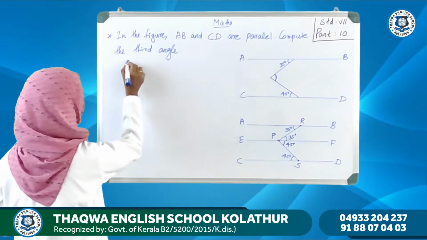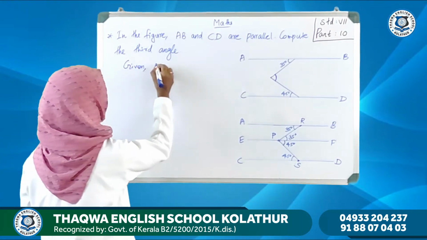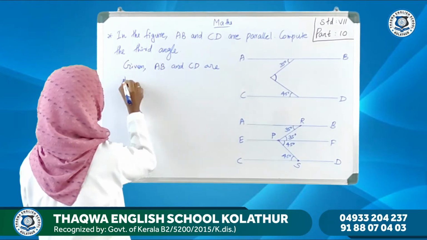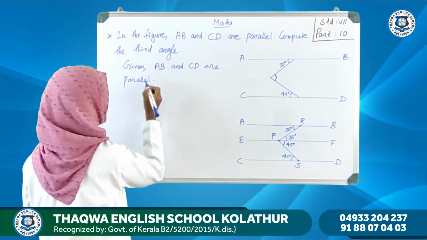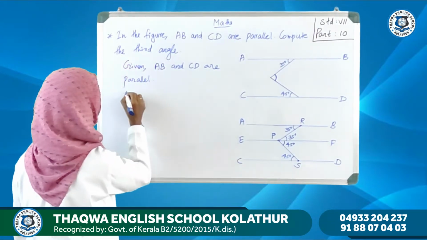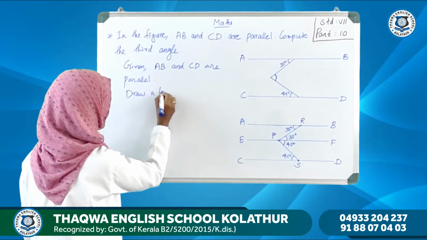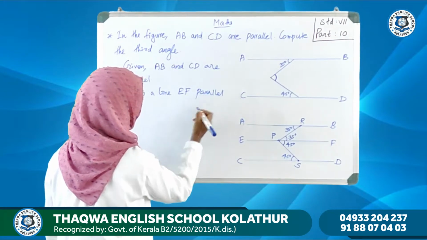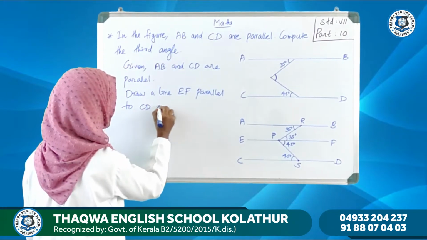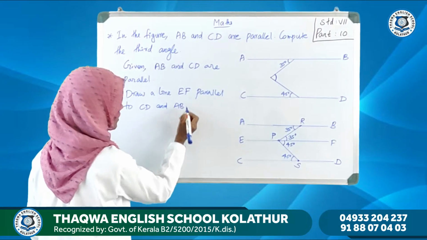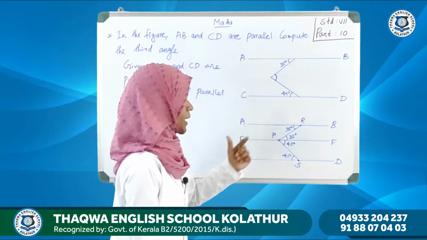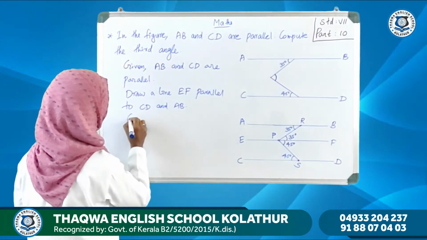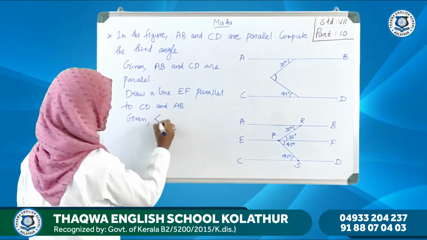So, what is the given condition? Given AB and CD are parallel. Now, draw a line EF parallel to CD and AB, or anyone, CD or AB. Now, mark the point P. Again, what's the given angle?